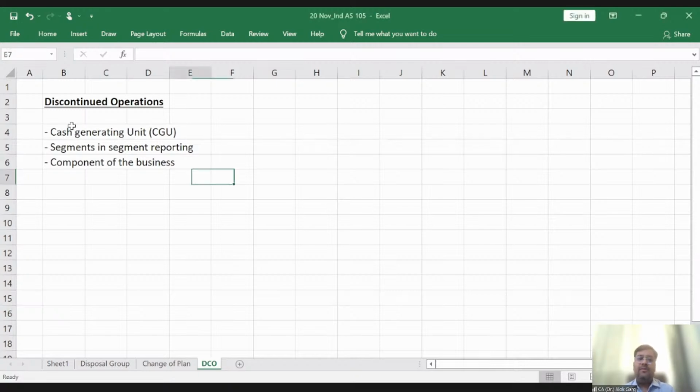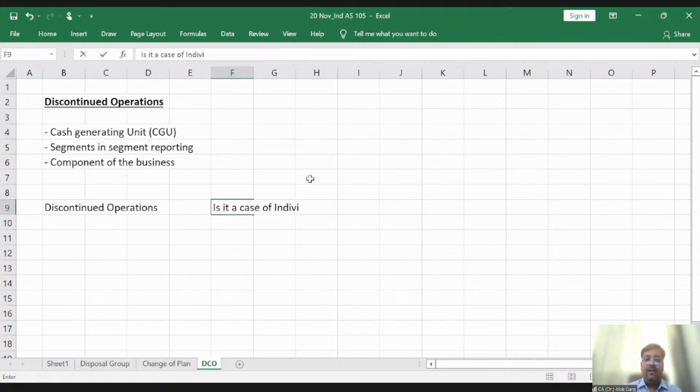Now tell me one thing, if a company has discontinued operations, is it a case of individual asset held for sale or disposal group held for sale?